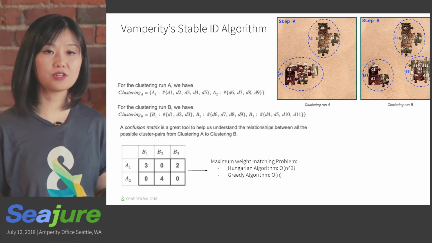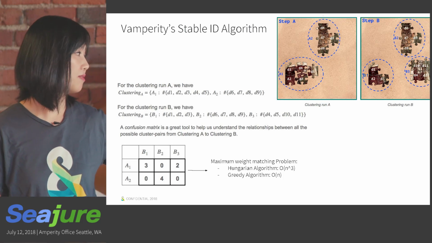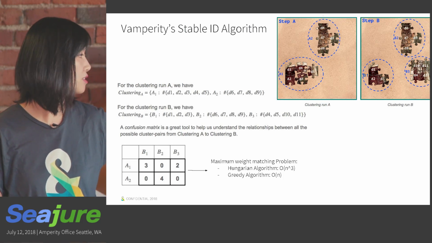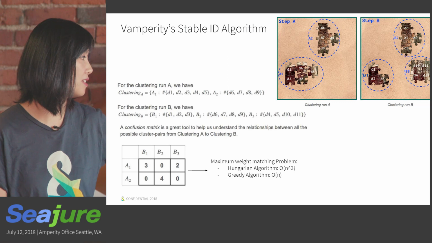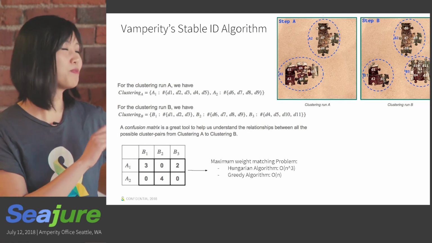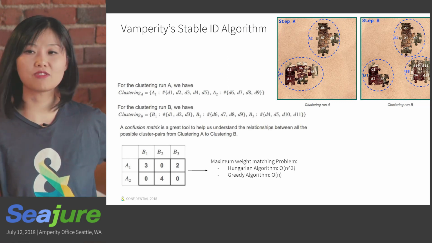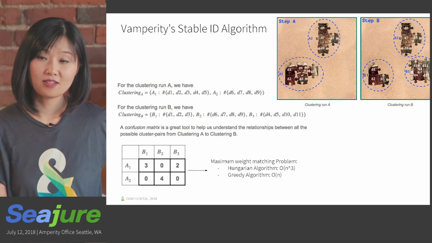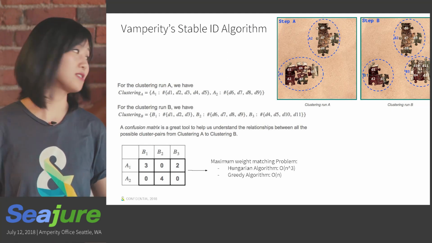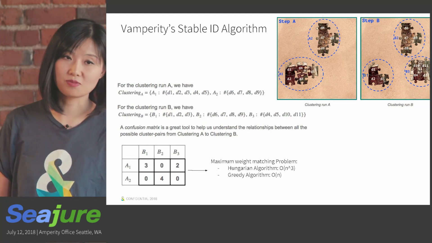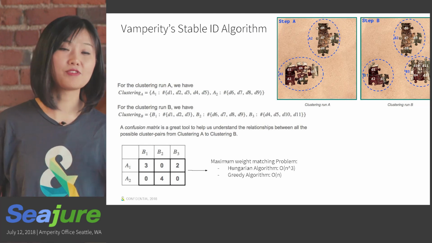So which should get the cluster ID A1: B1 or B3? Intuitively, of course, B1 should get it because B1 has more overlapping items.